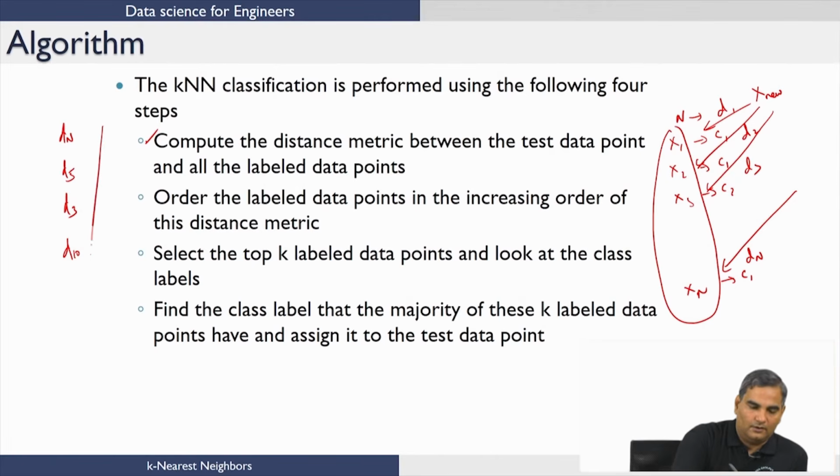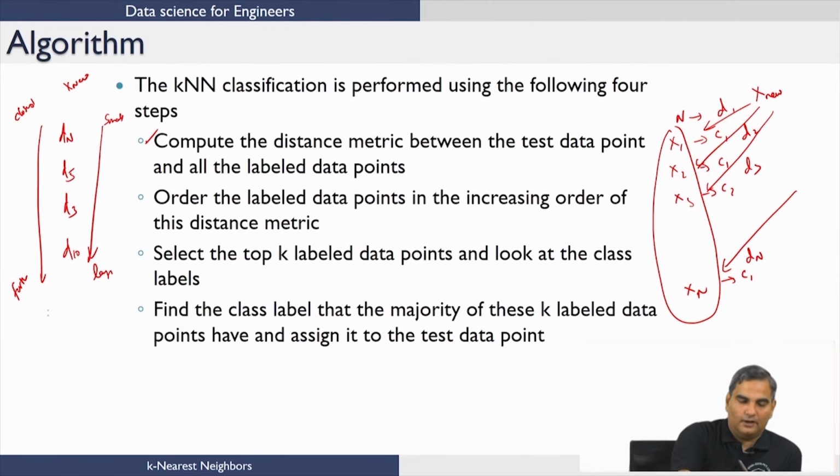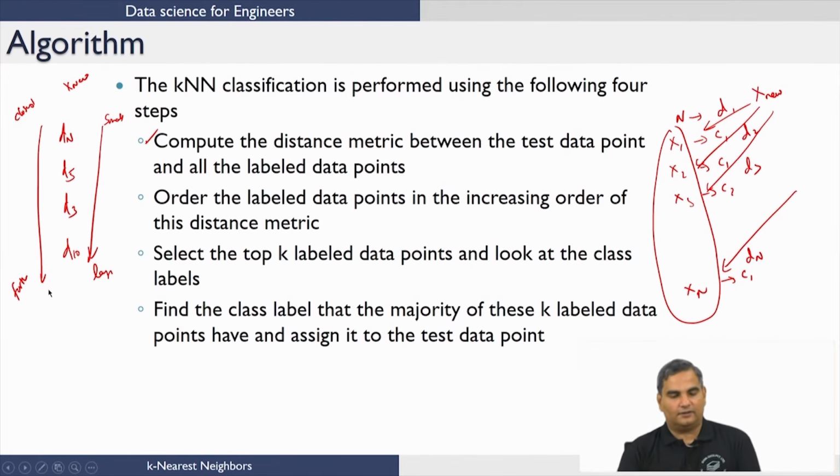So, I order them from the smallest to the largest. You can also think of this as closest to the farthest, because the distances are all from x new. If the distance is 0, then the point is x new itself. So, any small distance is the closest to x new, and as you go down it is farther and farther.